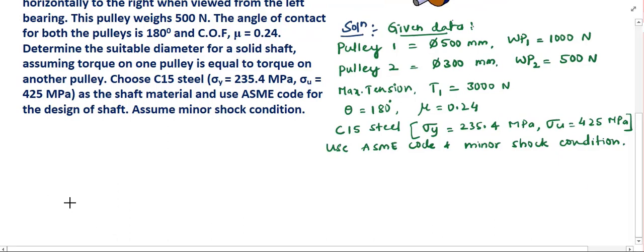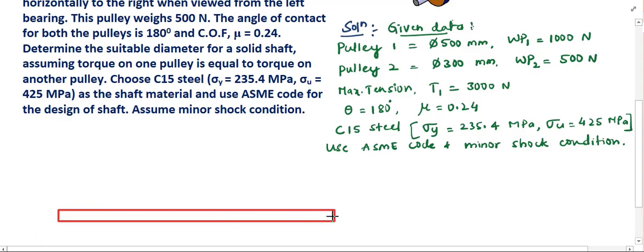So here, this is the shaft. This is the direction of view. Here you have two bearings, one is the left bearing and the other one is the right bearing. So this is LB and this is RB.